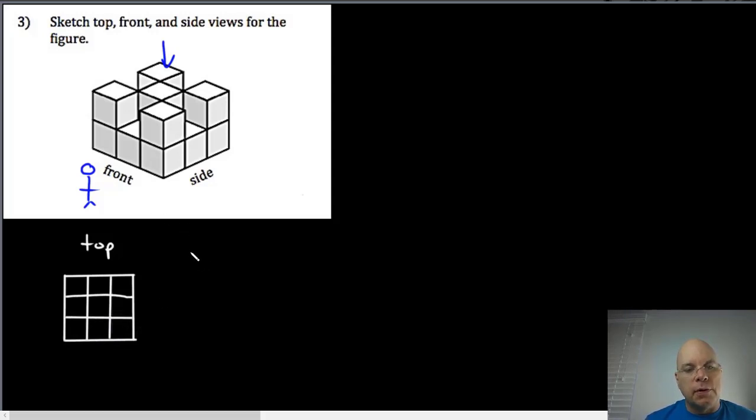The front view, again, I'm standing at the front, I'm looking directly at the figure. I would see this row of 3 on the bottom, and then I would see another row of 3 above it. Even though this cube is set back, it would still be part of this row of 3.